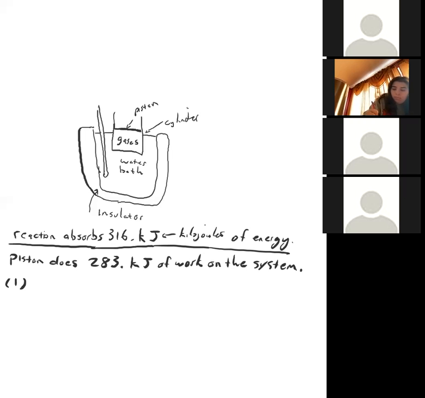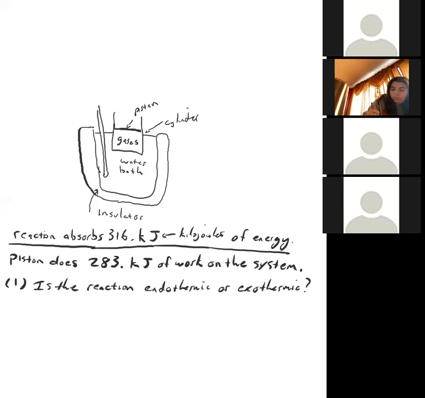The first one is, is the reaction endothermic or exothermic? Okay, that's the first question.